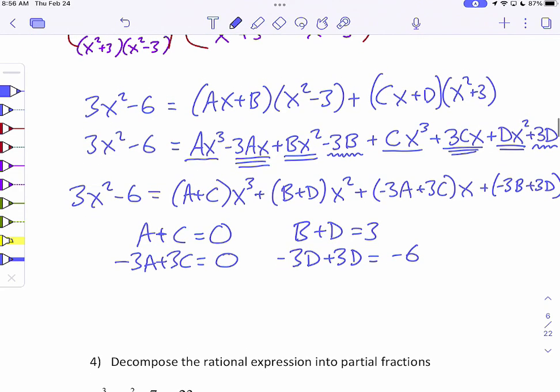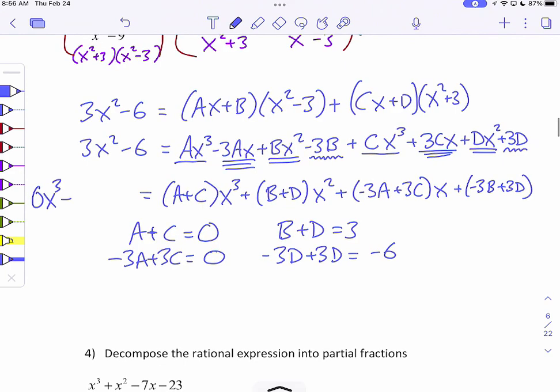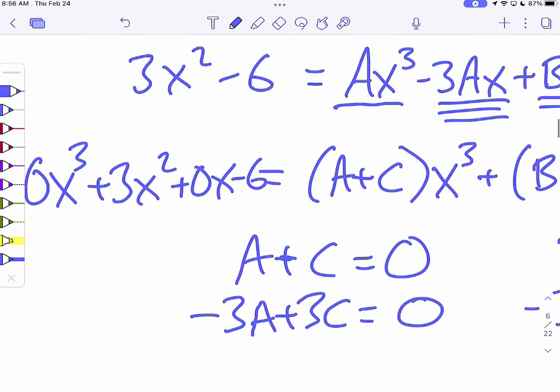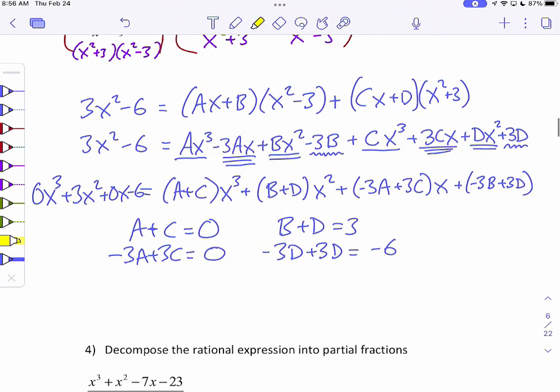Now I'm going to write something out to help people who might not have understood that. Okay, let me write this out. 0x cubed plus 3x squared plus 0x minus 6. So I wrote this polynomial and I just threw some zeros in there. So here's what I'm doing. And I know a lot of you got this already, but I'm saying A plus C has to be 0.